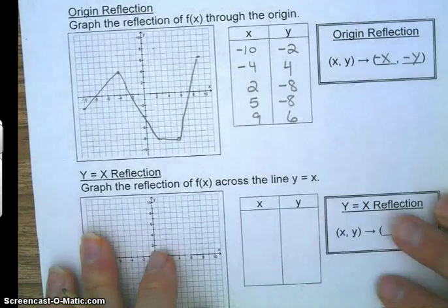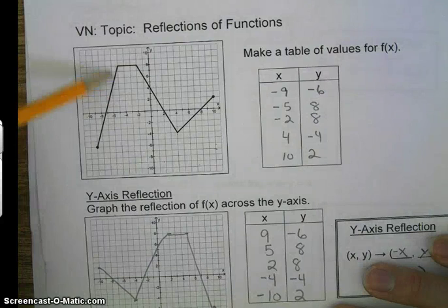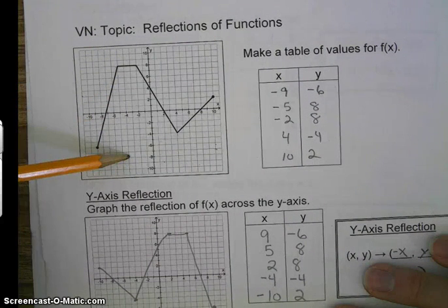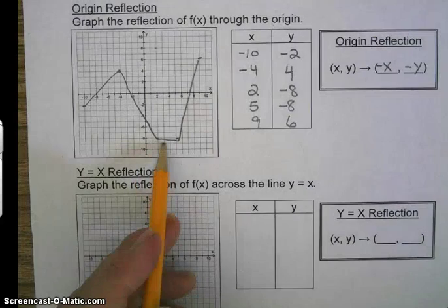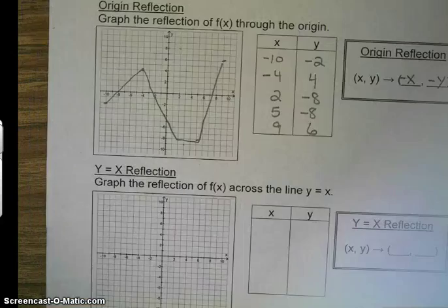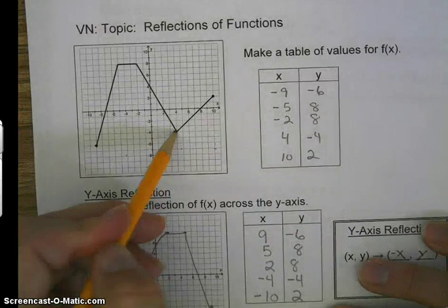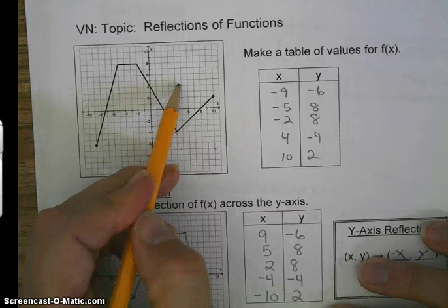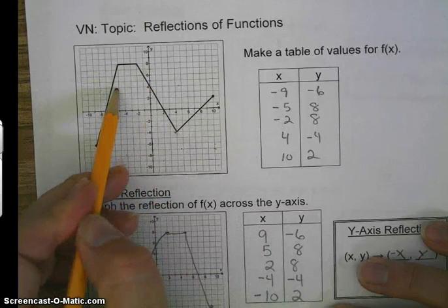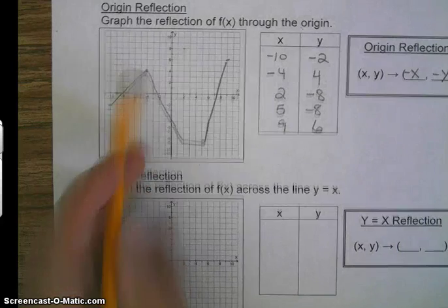Now, let's see how this worked. So notice, this up here got reflected over the x and over the y. So it ended up here. This peak, or I should say dip, reflected over the x and over the y, which ends up here.